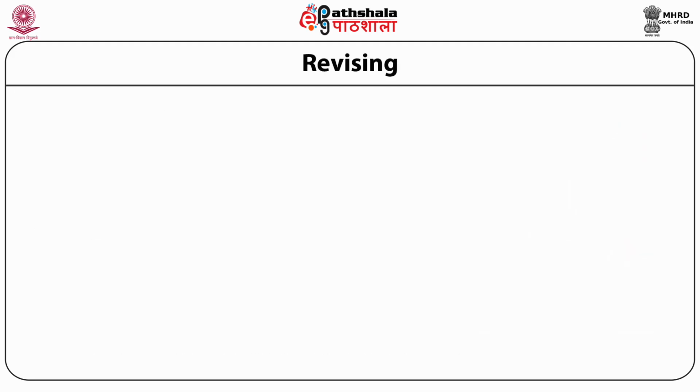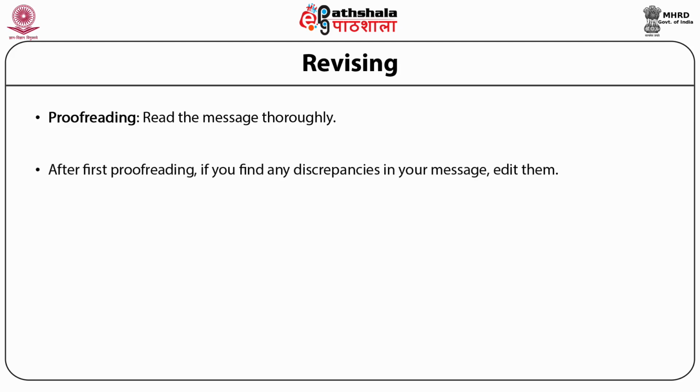Third component is revising. Once the writing part is done, it is important to read the message thoroughly. This step is also known as proofreading. After first proofreading, if you find any discrepancies in your message, edit them.